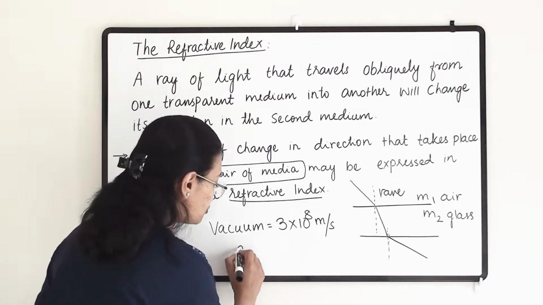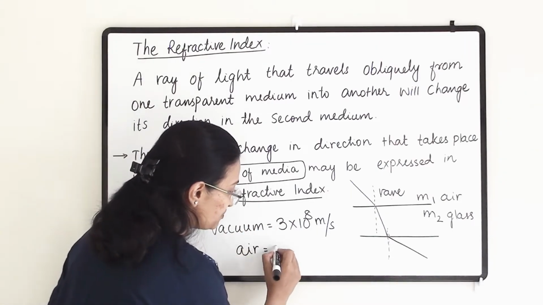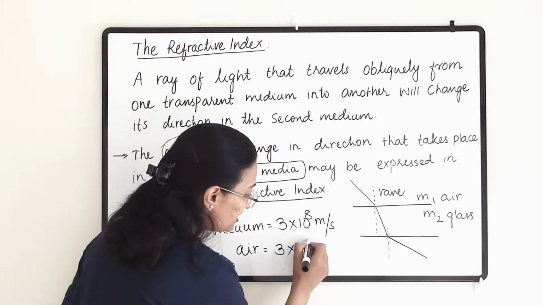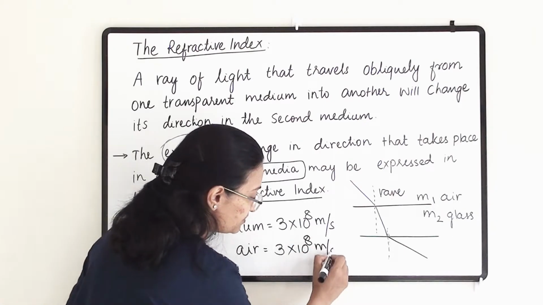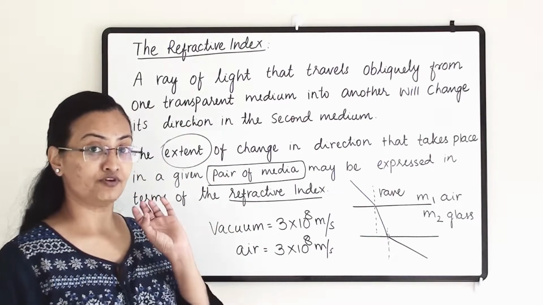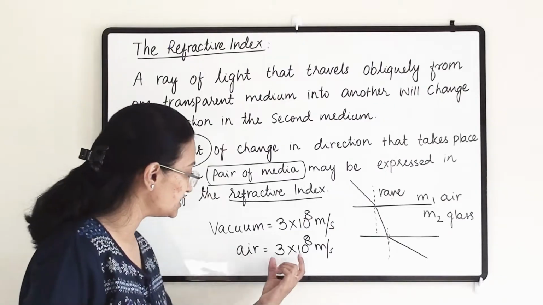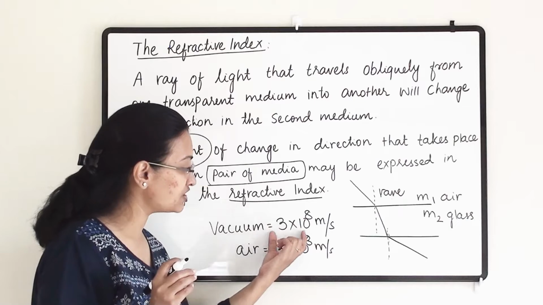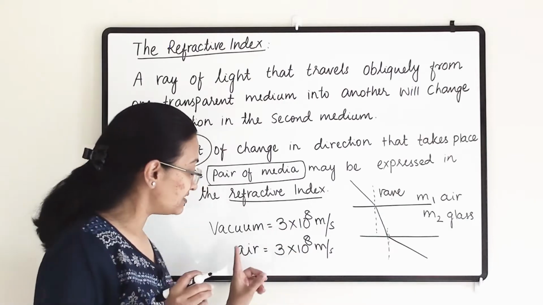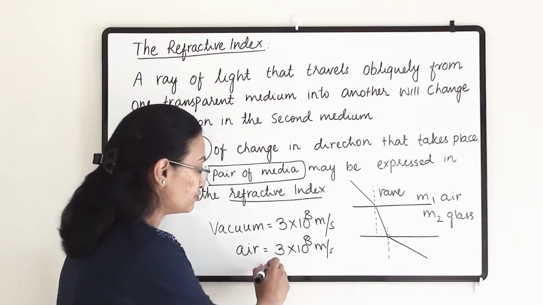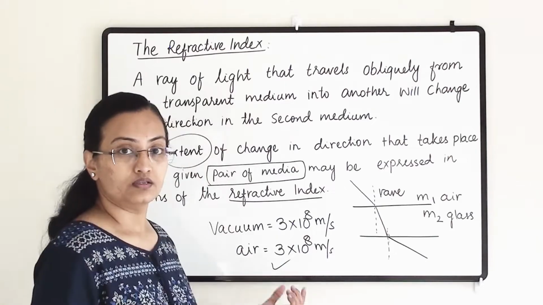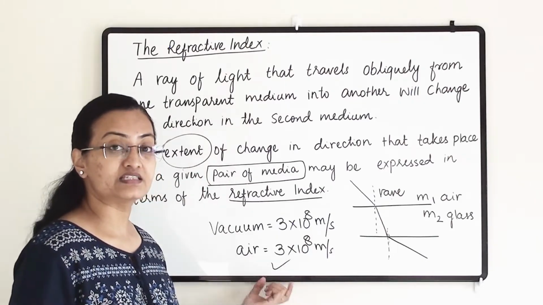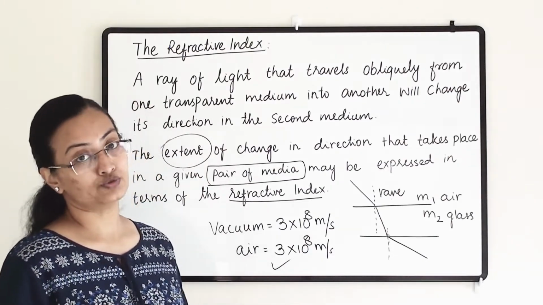So in air also we are taking the speed of light as 3 into 10 raised to 8 meter per second. Actually, if we go into the physical quantity, it is a little less compared to this, but it is almost equal to this. So we are taking the speed of light in air also as this. Now this speed is very much less in water and in glass.